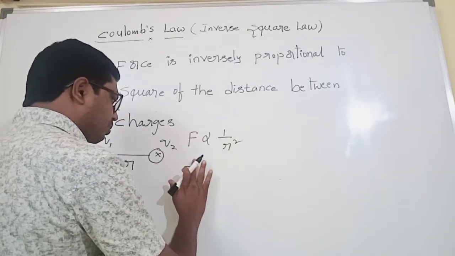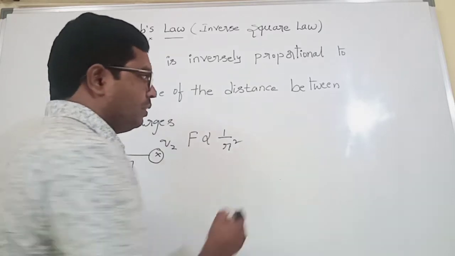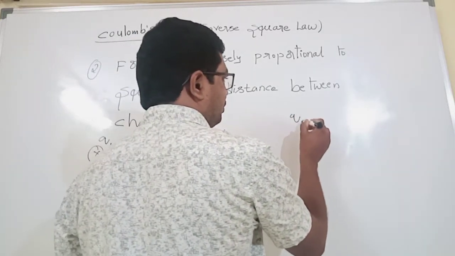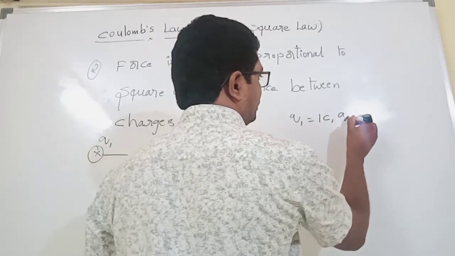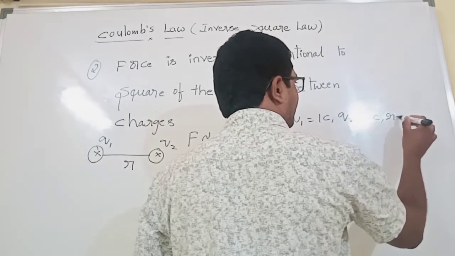Now let the charges be Q1 equal to 1 coulomb, Q2 equal to 2 coulombs, and R equal to 1 meter.